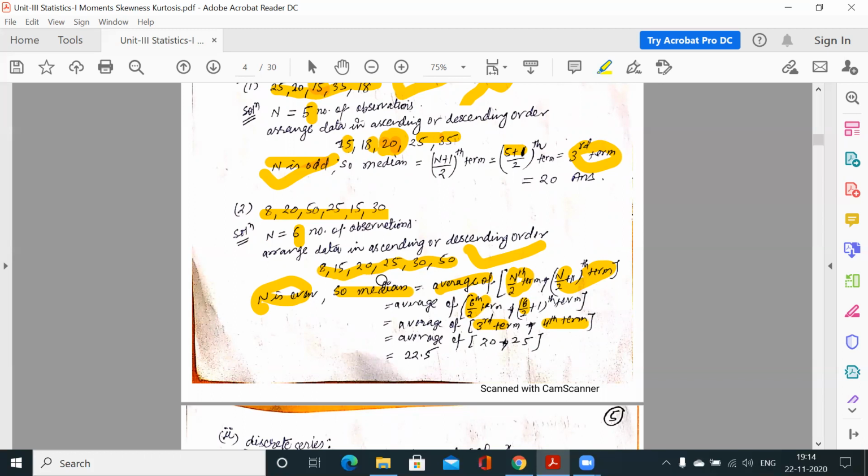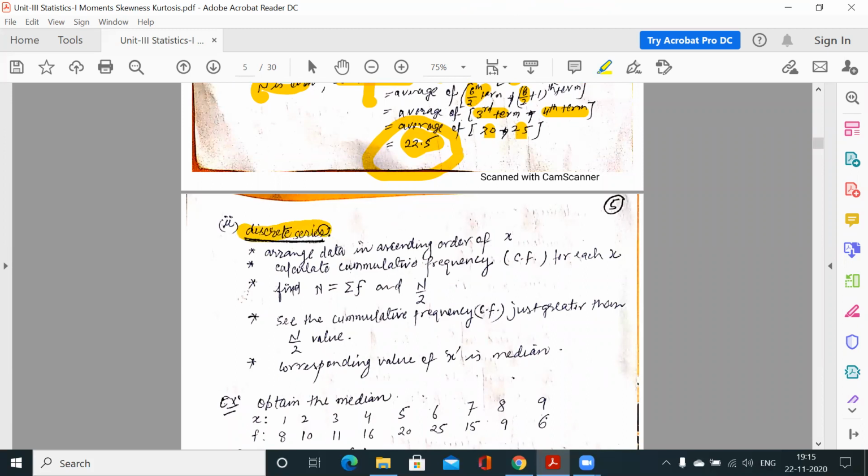So what is the average of 20 and 25? 22.5. So 22.5 is our middle value. It actually divides the data into two equal parts. So 3 numbers are less than this and 3 numbers are greater than this. So this is our middle value of the data, that means the median.